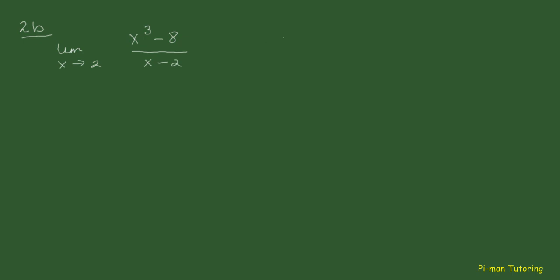And again, we can see that if we first try to feed in the value 2, we will get 8 minus 8 on top, 2 minus 2 on the bottom, which is 0 over 0, and that is not a well-defined quantity. So we go to factoring.